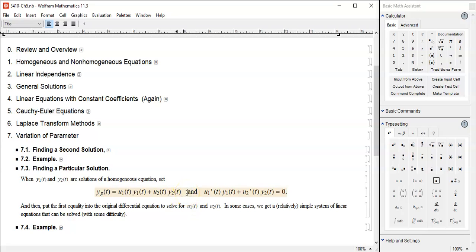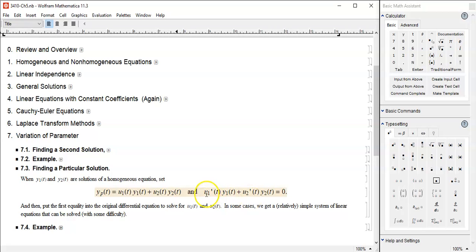If those u1 and u2 are not parameters but just constants, then this will be just a linear combination c1 y1 plus c2 y2. So instead of getting a particular solution of the non-homogeneous equation, you're going to get another solution of the homogeneous equation. No good. So it is absolutely necessary that u1 and u2 are parameters with some non-trivial t terms.